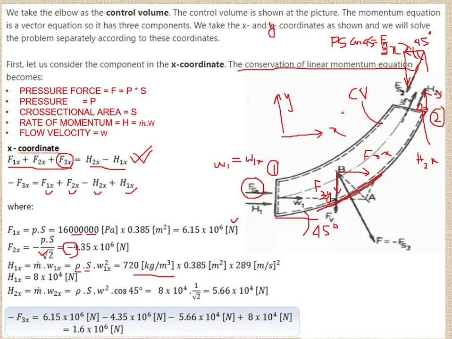The W is the same because there is no area change, the pipe has a uniform area. So W1 is equal to W2. Finally, we substituted the values and we end up with this value for H2x. And we substitute these values in this equation.